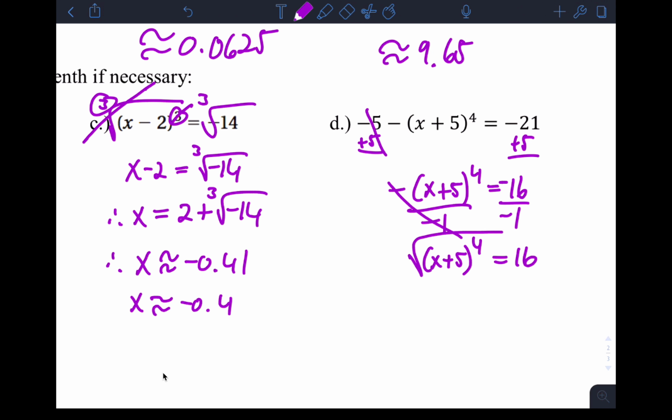So what we do here is take the fourth root of both sides. So the fourth root cancels the 4, and I would get x plus 5 equals the fourth root of 16. And this is a plus minus because we're taking an even root.